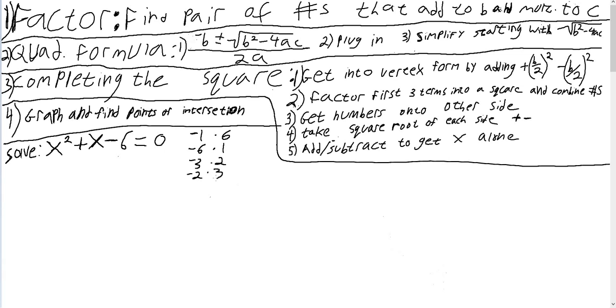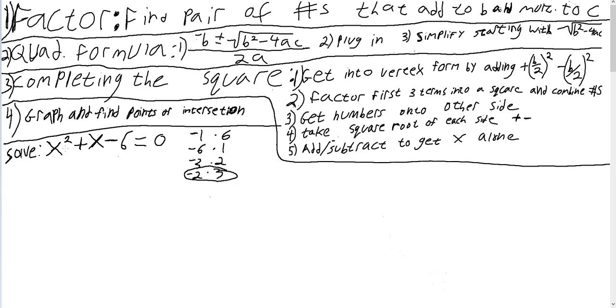Now, look at each of these and see which one adds up to 1. This adds up to 5, this adds up to negative 5, this adds up to negative 1, this adds up to positive 1. So our numbers are negative 2 and 3.